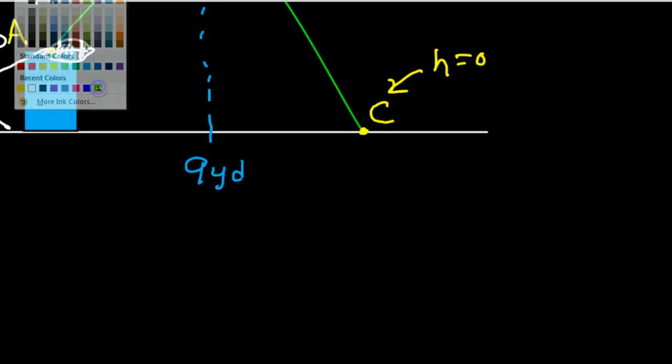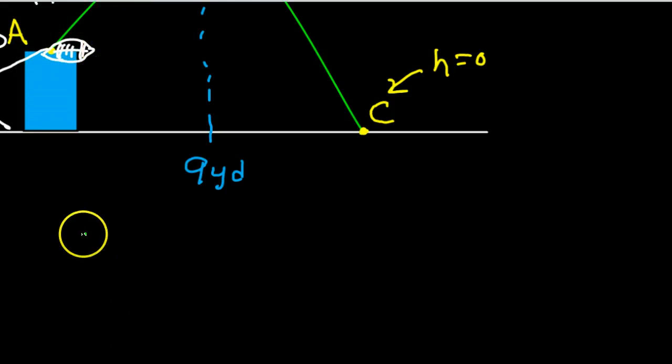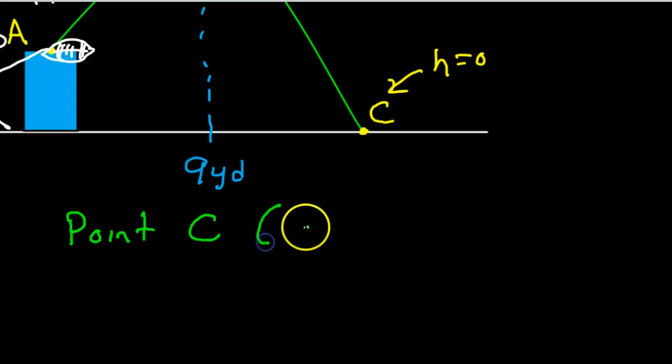What we're doing right now is finding point C. The one thing we know about point C is the height is 0, and we're going to find the x value that goes with it.